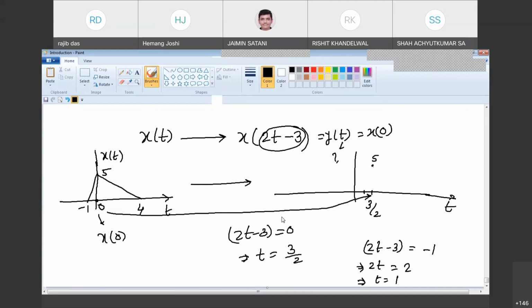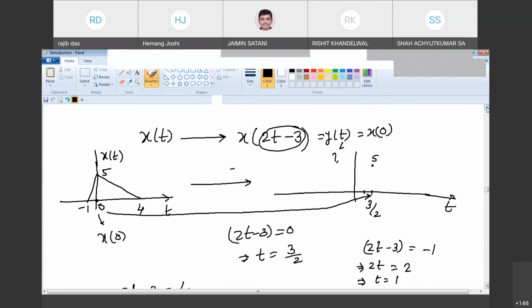Yeah, 3.5. Correct? So this 4 is mapped to 3.5 here, suppose. This is your 3.5, meaning 7 by 2.